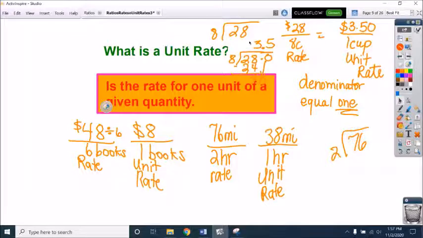You can see my work for that here. And I get $3.50 for 1 cup. Again, this is my unit rate because it is over 1. The most important part to remember for unit rates is they have to have a denominator equal to 1. That's the most important thing there.